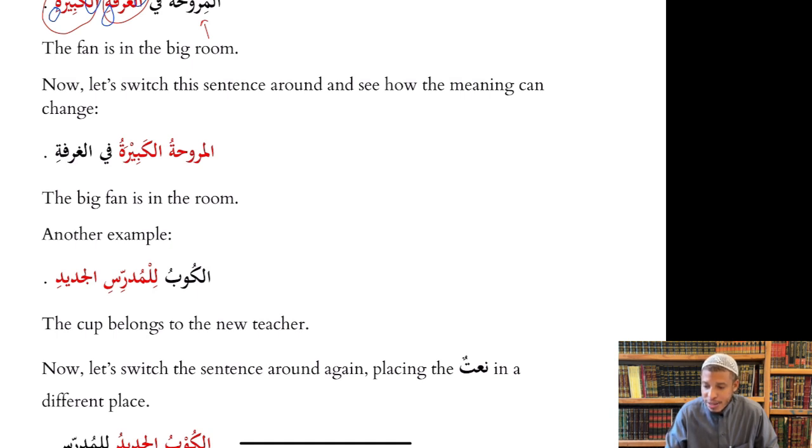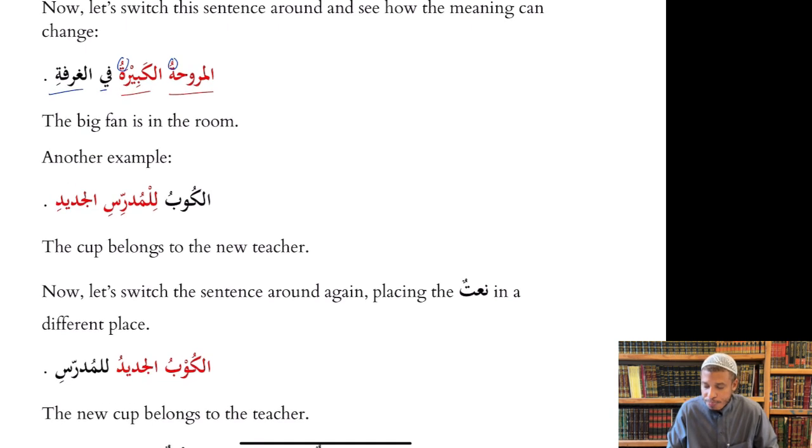Now you have na'at and man'ut. The big fan. All right. Your na'at is describing the mirwaha. All right. Look at the case endings here. المروحة الكبيرة. Both مرفوع. All right. في الغرفة. And this is your harf jar. This is your ism majroor. The big fan is in the room.